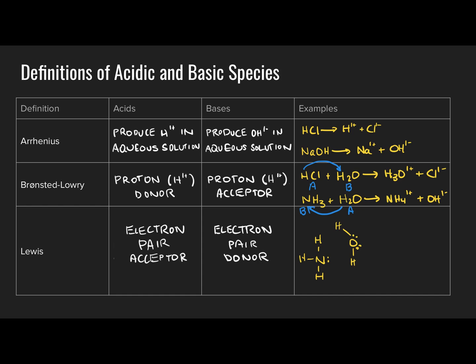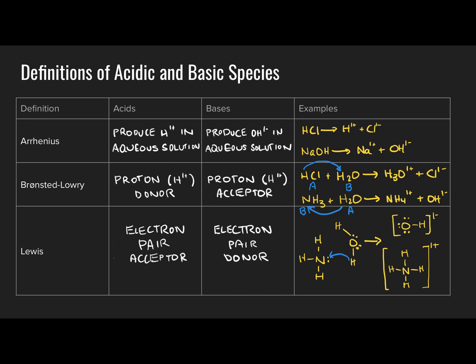And again, as we saw in that last reaction, the ammonia acts as the proton acceptor, that is, we're going to move the hydrogen ion off of the water molecule onto the ammonia molecule. In doing so, ammonia forms a coordinate covalent bond with that extra lone pair of electrons, where it donates the entirety of the electron pair to form the bond to that hydrogen in order to form the ammonium ion.